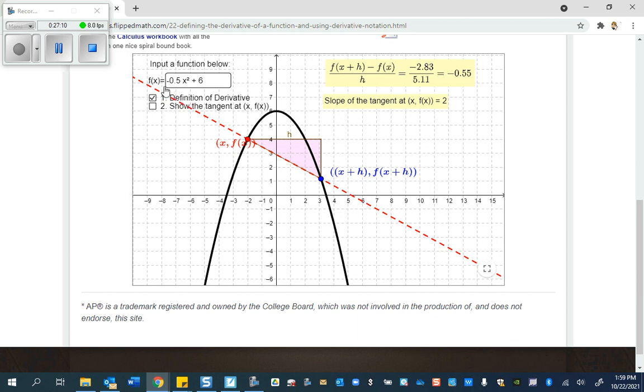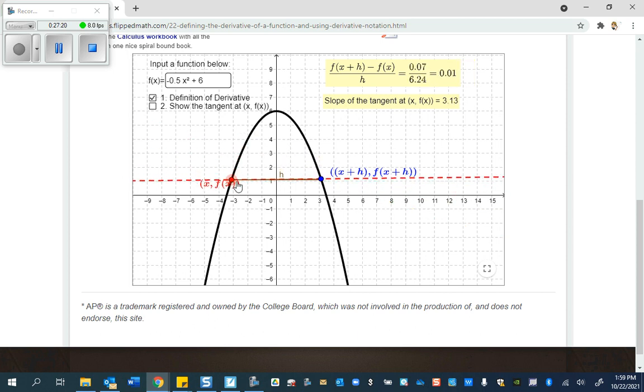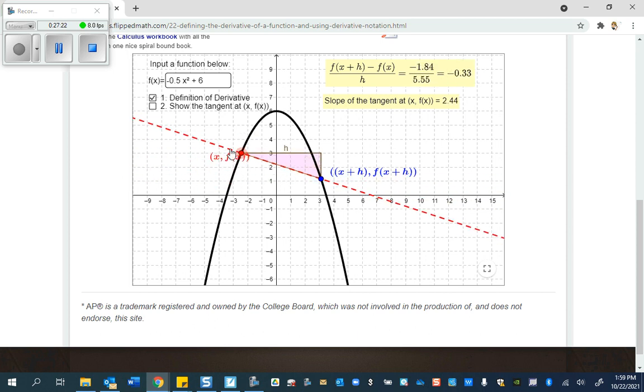Everyone okay with that? So what we're going to talk about with the derivative is, do you see how h is the distance between my x values? Do you see that little h that's there? So the h here is just going to be x2 minus x1.